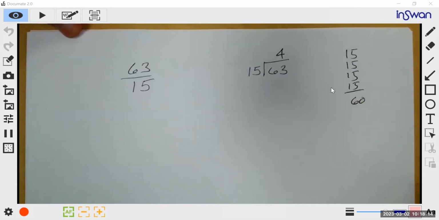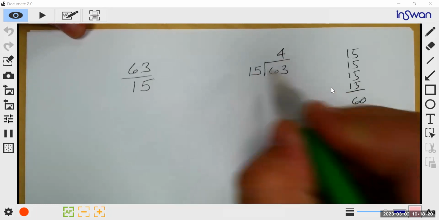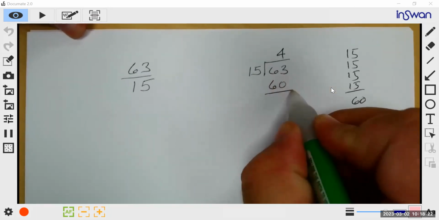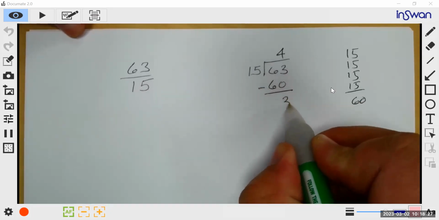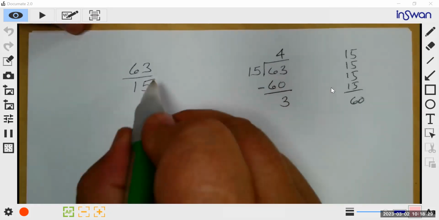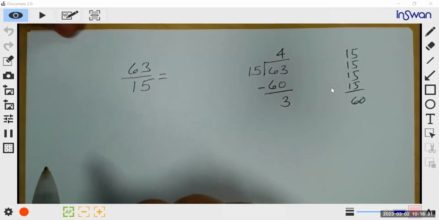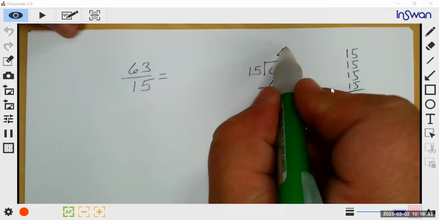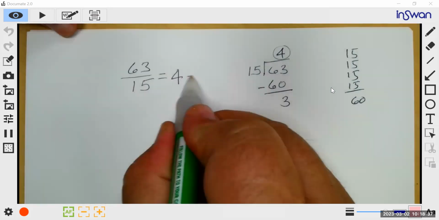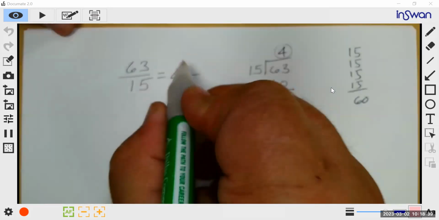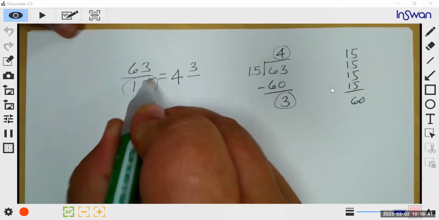That equals 60. The faster you work on your multiplication skills, the easier it is for you. 4 times 15 is 60. Subtract those, you get 3. So the mixed number is the integer, the numerator, and the denominator.